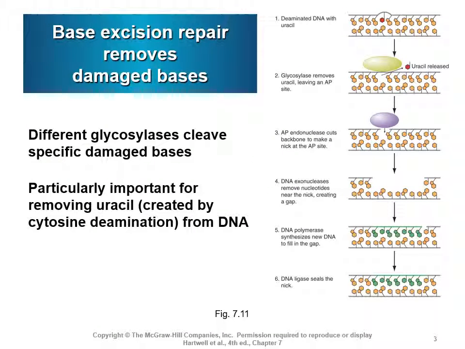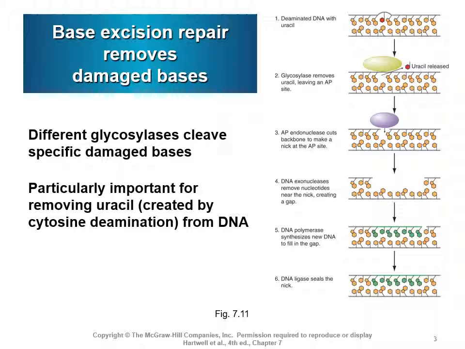Okay, let's look at a particular case and the sequence of actions that happens in order to repair damaged bases. And it's important to note that we are talking about bases and not entire DNA or a fragment of DNA. So let's say we have a damaged base. In cells, there are different proteins that are constantly scanning the DNA sequences, and glycosylase is one of them.